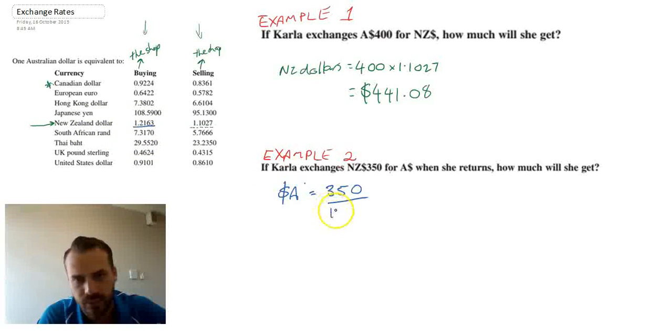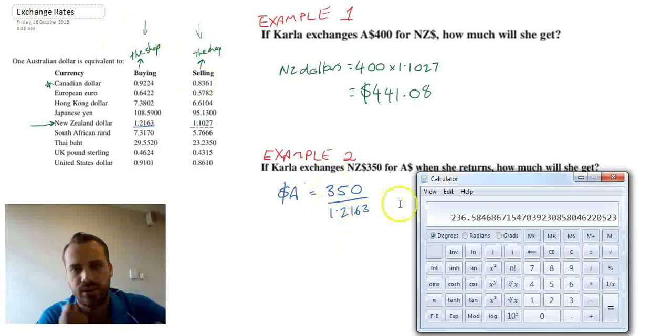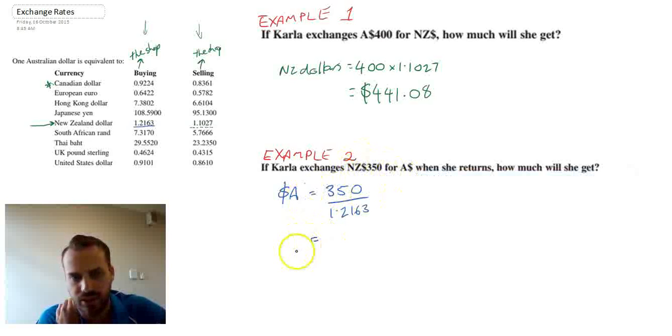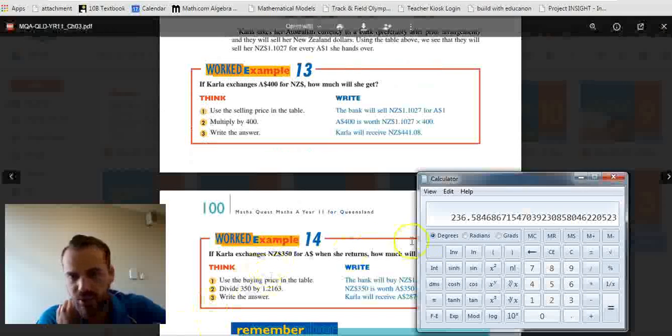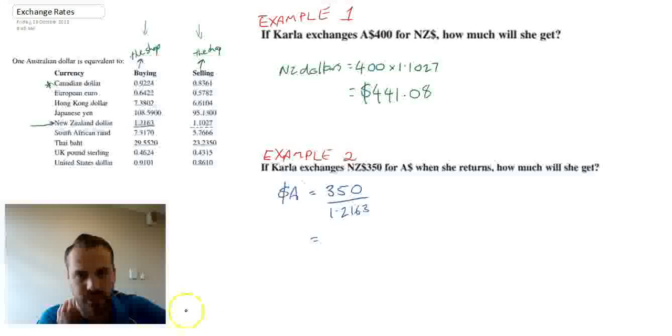So when we do 350 divided by 1.2163, we'll convert back to Australian dollars. You can see here that if you convert 350 New Zealand dollars to Australian dollars, you'll get $236.58.